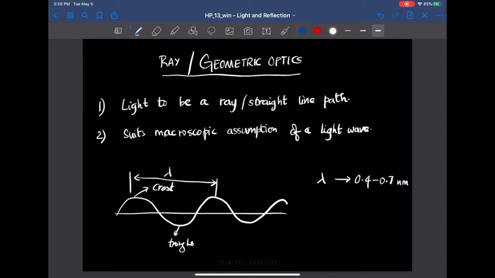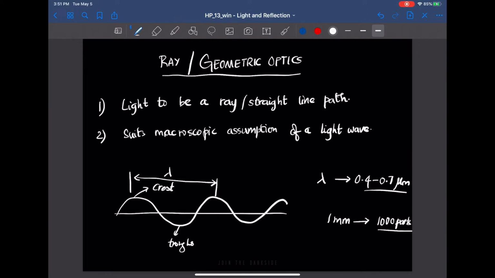This is really small. That's about 1,000 times smaller than the human hair. Which means that if you divide 1 millimeter into 1,000 parts, even that would be larger in comparison to the wavelength.